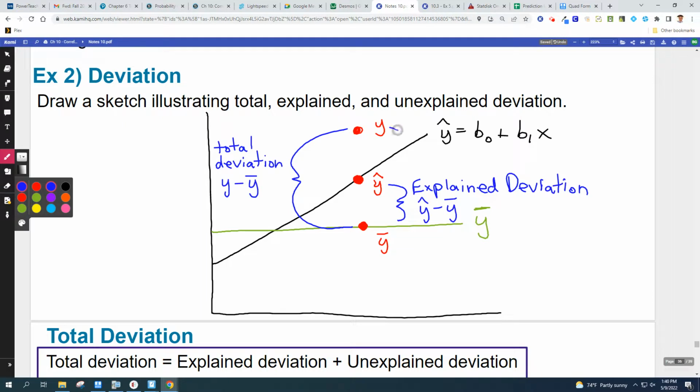And then unexplained deviation is the distance from the data point to the predicted value, y minus y hat. So that's a picture of those three deviations.